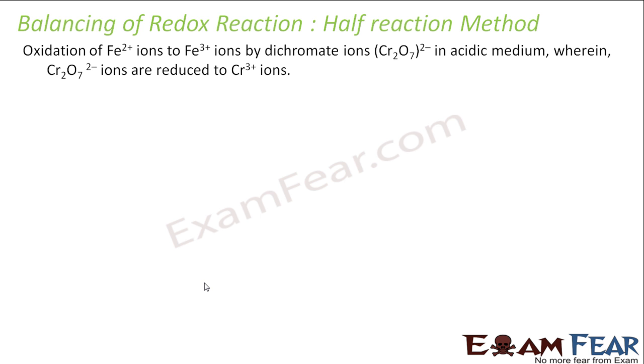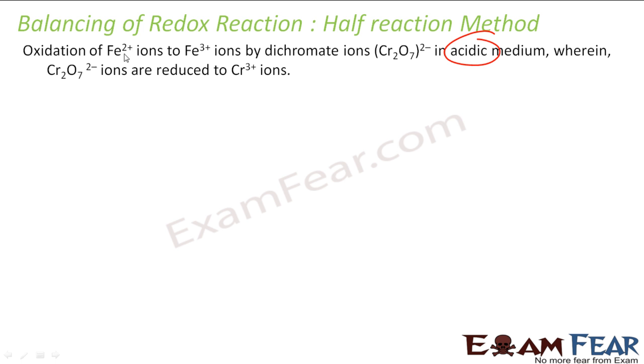We have the oxidation of iron from Fe2+ to Fe3+ by dichromate ion in acidic medium, wherein the Cr2O7 2- ions are reduced to Cr3+. We have to balance this. So let me write the two halves first.